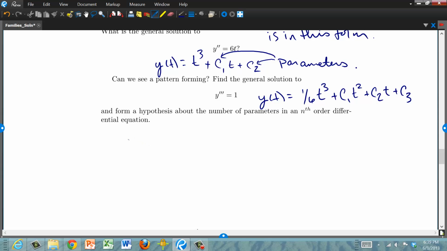So we might guess that an nth order ODE has an n parameter family of solutions, and that's correct.